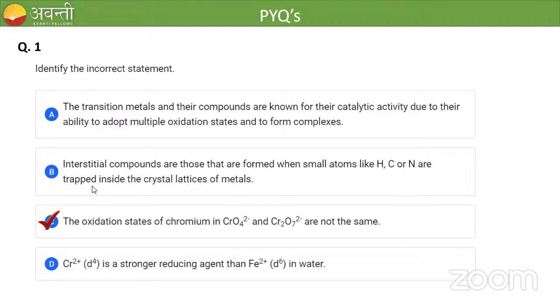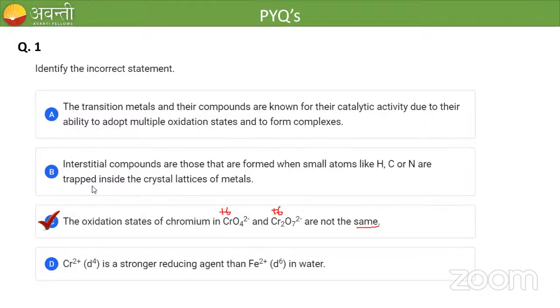The oxidation state of chromium in CrO4 2- and Cr2O7 2- are not the same. So what is the oxidation state of chromium in CrO4 2-? Yeah, very good. Both compounds contain chromium in the +6 oxidation state.